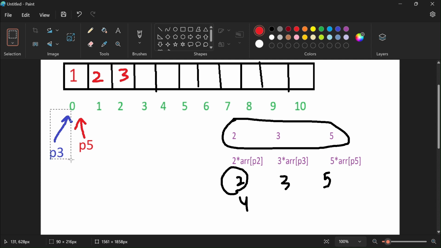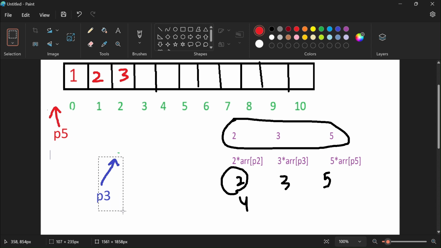Let's move this pointer. Pointer p5 didn't move anywhere, so we consider just p3.